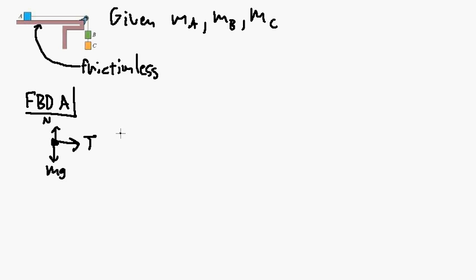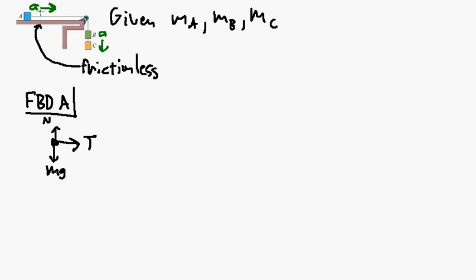Let's define our acceleration A going that way. So positive A goes that way, and then positive A goes down that way. This means when block A goes to the right, blocks B and C go down.